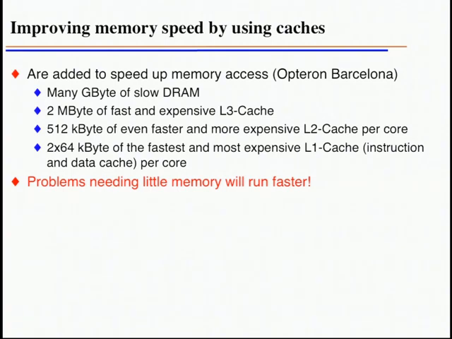On the other hand, if you're processing lots of gigabytes of data and only use each of that once, so you load it, you process it, you store it away, then this will only fit into the largest and slowest memory. And so the whole speed of your code will be limited by the memory bandwidth of your slowest memory, which is not good, of course.